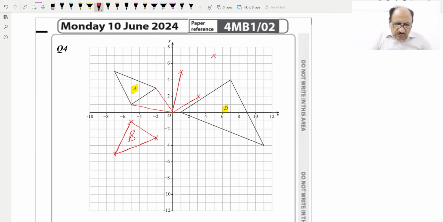So this is also 90°. If you have tracing paper, then it will be very, very easy and convenient for you to draw the triangle, and this will be your targeted triangle which we have drawn, and you'll have to label this as C.